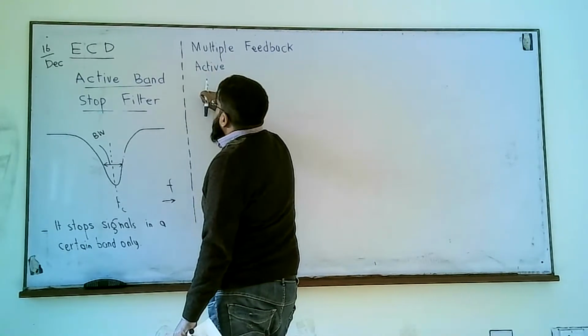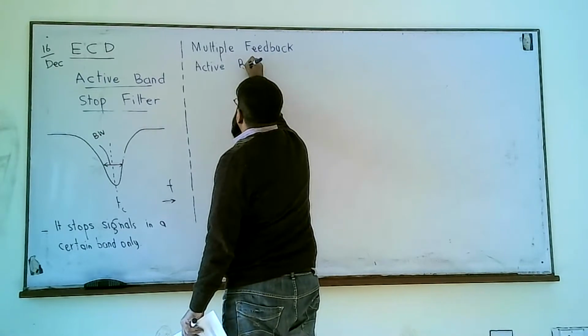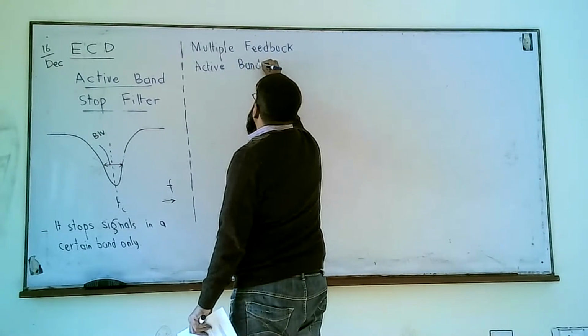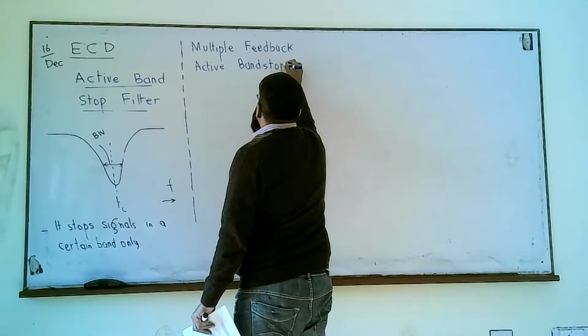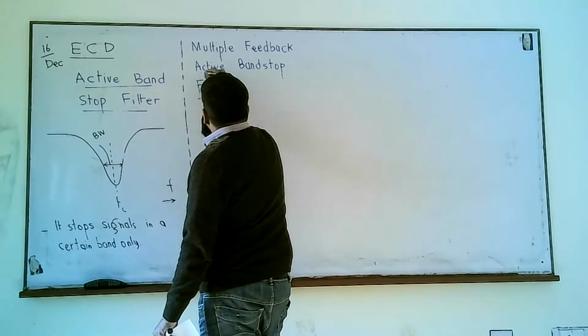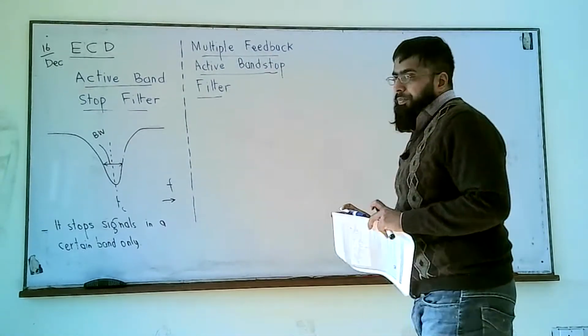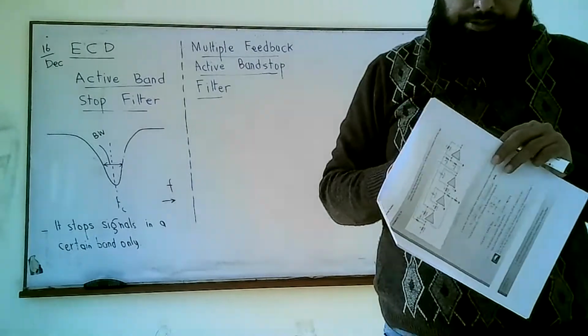Today we'll study the multiple feedback active band stop filter. Multiple feedback means multiple connections from the output to the input.